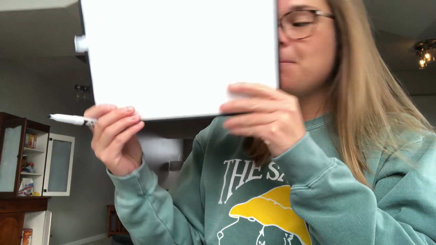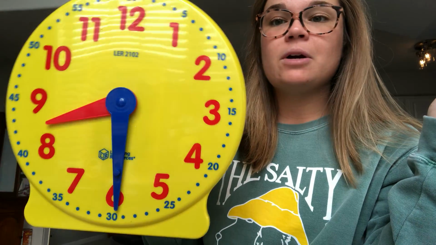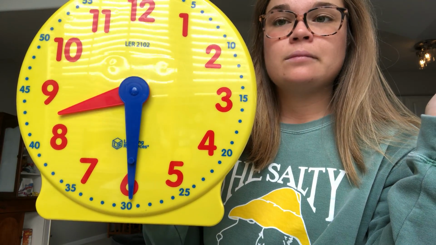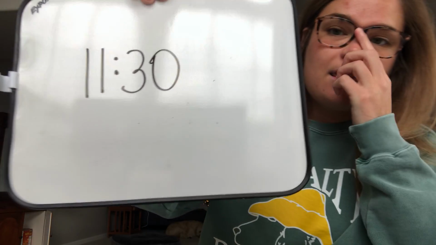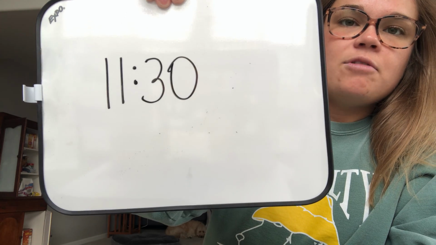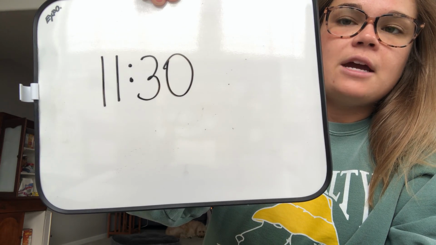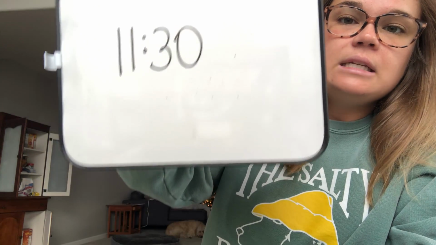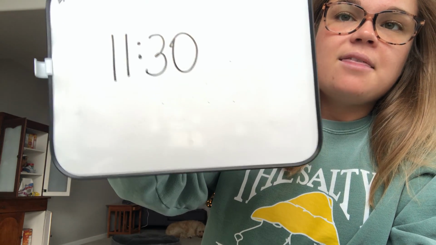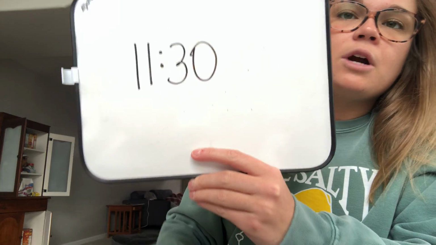And then Miss Stromeyer is going to show you a time on here, and you're going to have to be able to read it. So we're going to do both today. First, everybody needs their clocks, and everybody needs to make this time on their analog clock. This is the digital time.